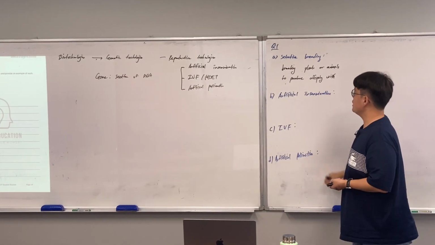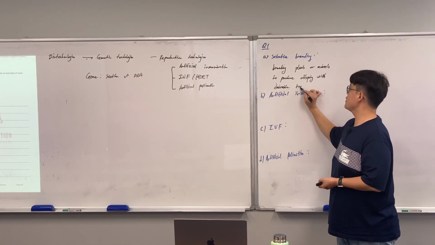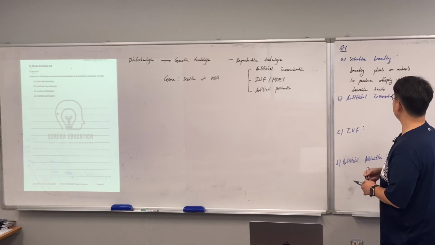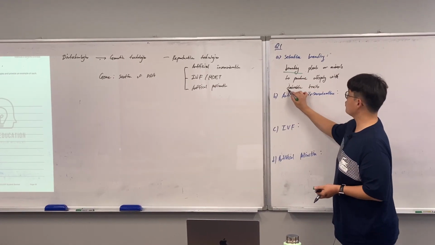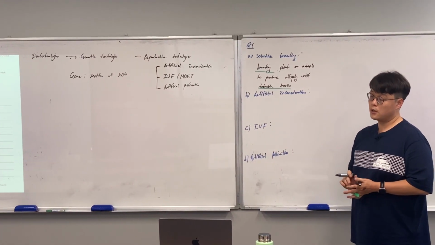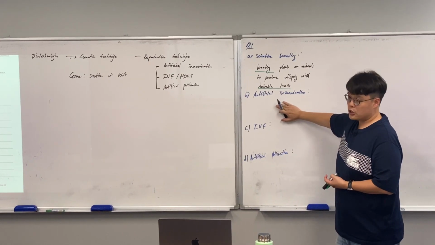D-E-S-I-R, yep, desirable, the trait. So the keywords describing this are, first of all, you are choosing, breeding selectively, choosing for the desirable trait for the next generations. Good. What about artificial insemination?